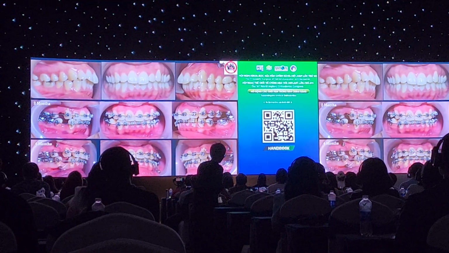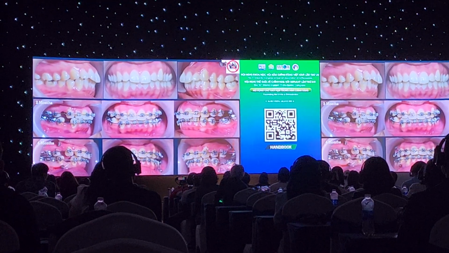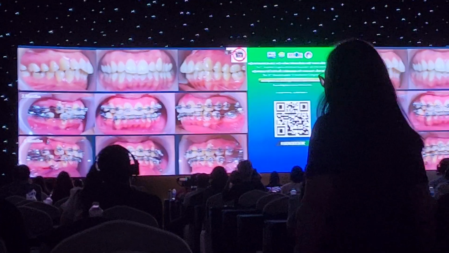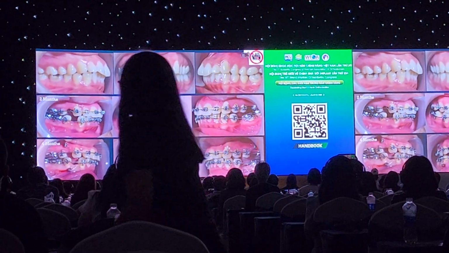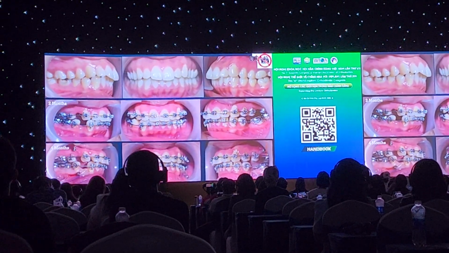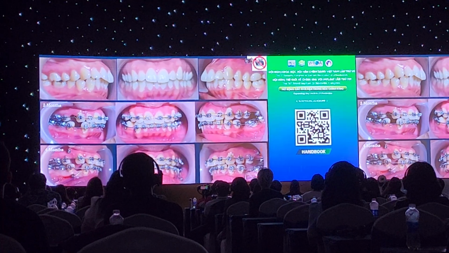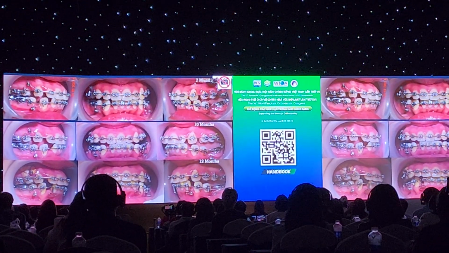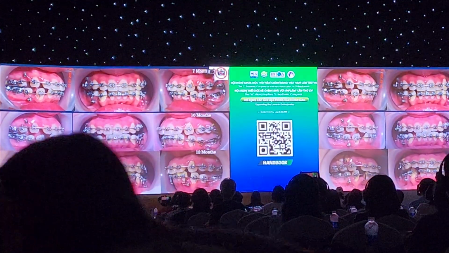And you see that during the time I distalize the premolar and the cuspid, the overbite did not change. The overbite did not change at 7 months, 10 months, and 12 months.